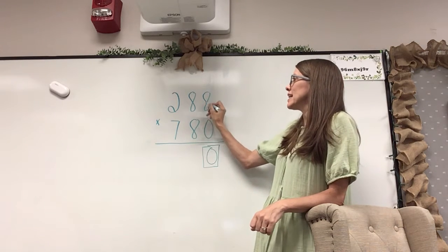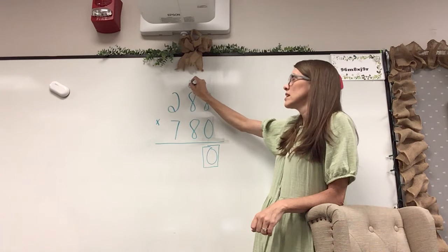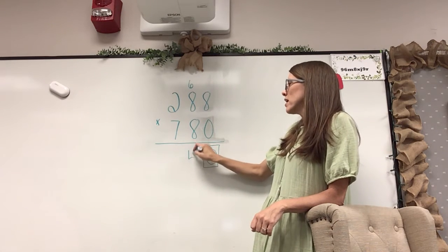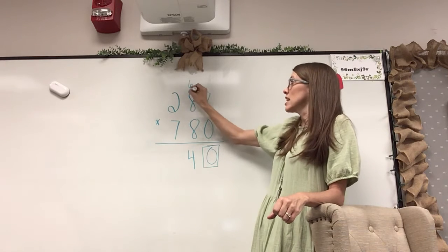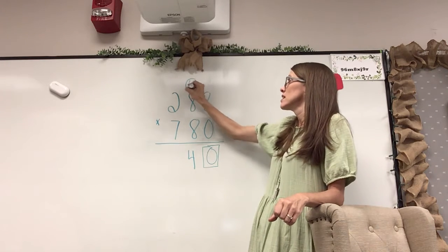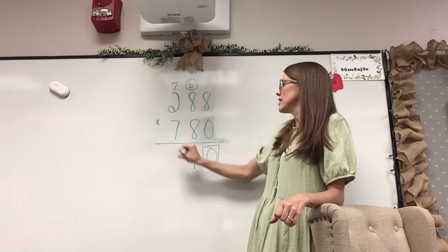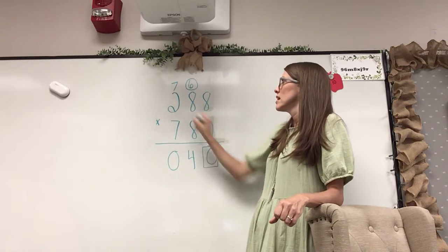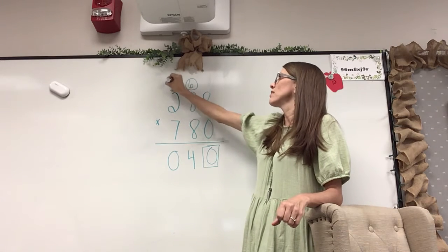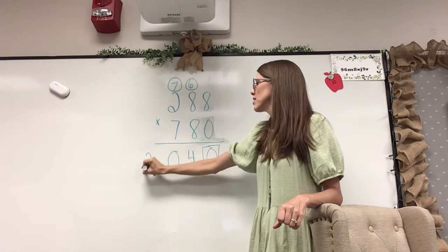8 times 8 is 64. 8 times 8 is 64 plus 6, 70. 8 times 2 is 16 plus 7, 23.